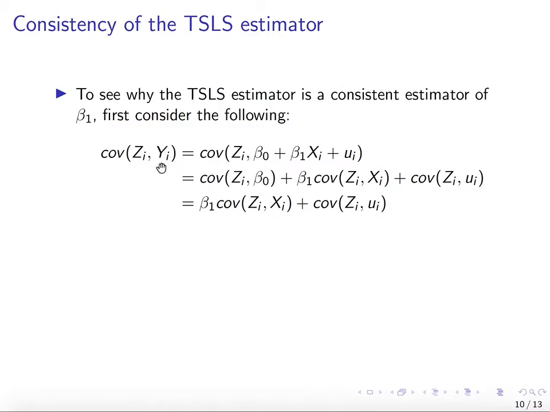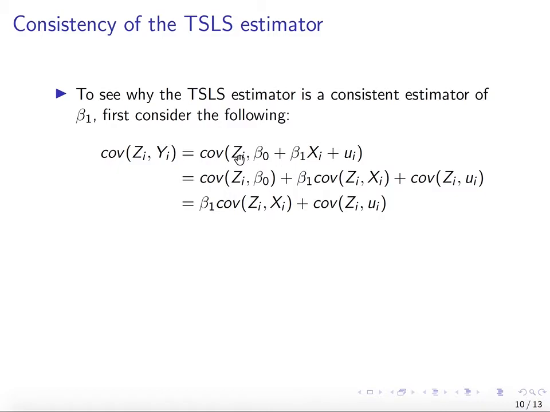In our example, this was the probability of war. So you can express yi as beta 0 plus beta 1 xi plus ui. This is the regression equation we all know about.